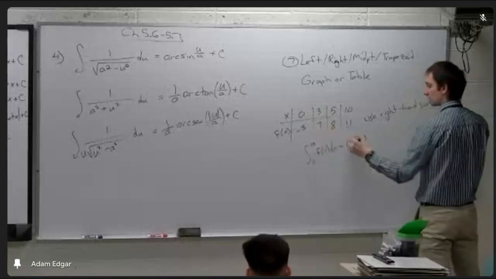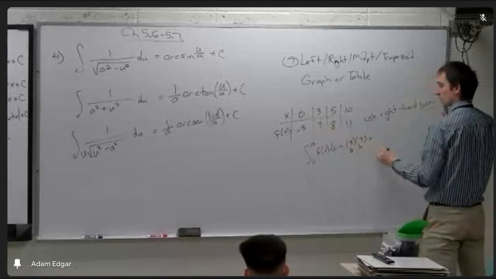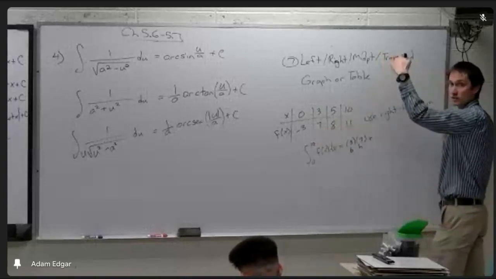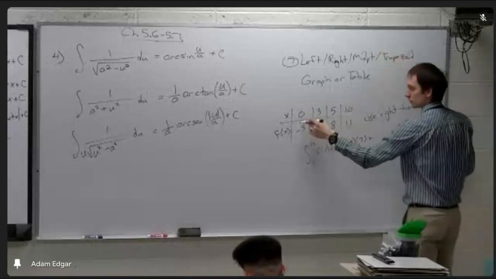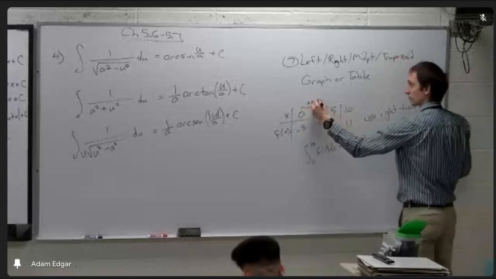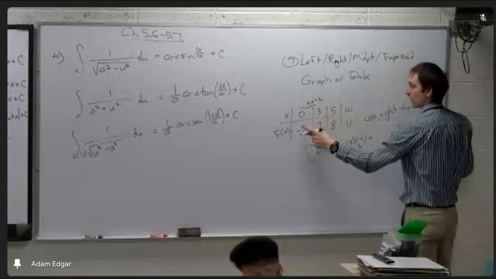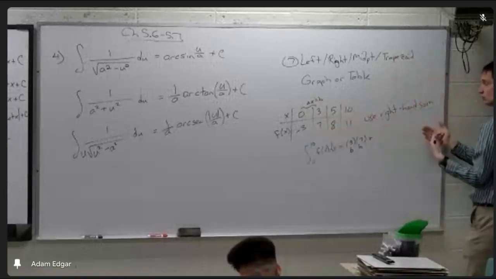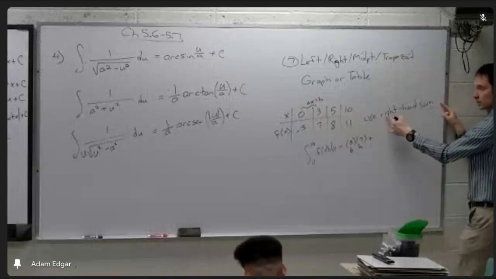And then the height at the right edge is 7, because f of x is your y coordinate, that's your height. Delta x is the base of each rectangle, and the y coordinate is the height. And which y did you use? The right one, because you're doing a right-hand sum.